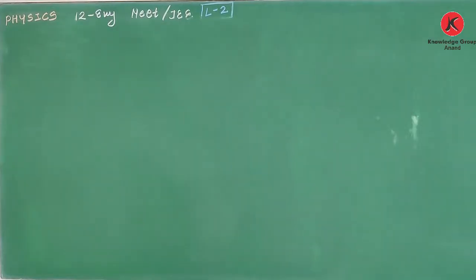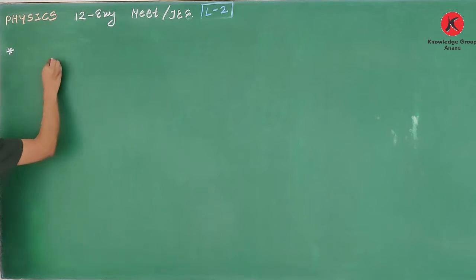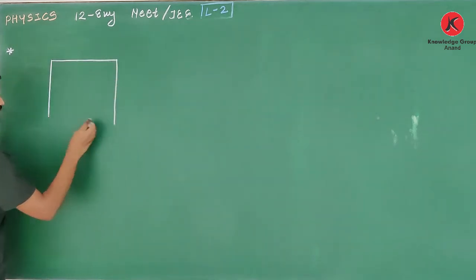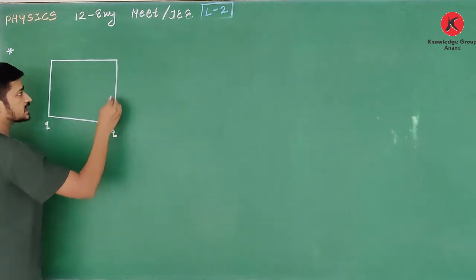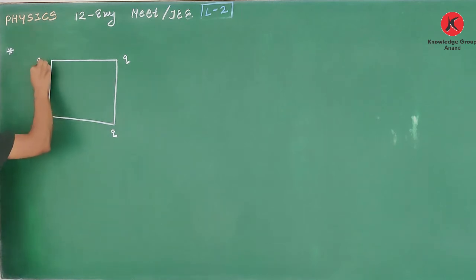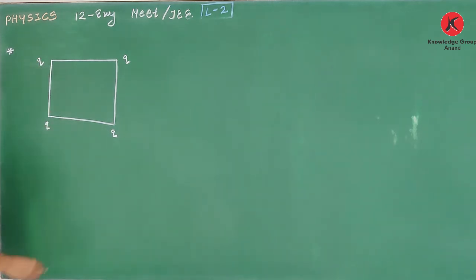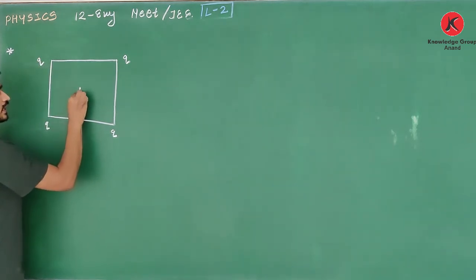Now one extra point, one last point for today. See, if you are given a square, means one regular object, and 4 identical charges are placed at the corners, then what is the electric field at the center?